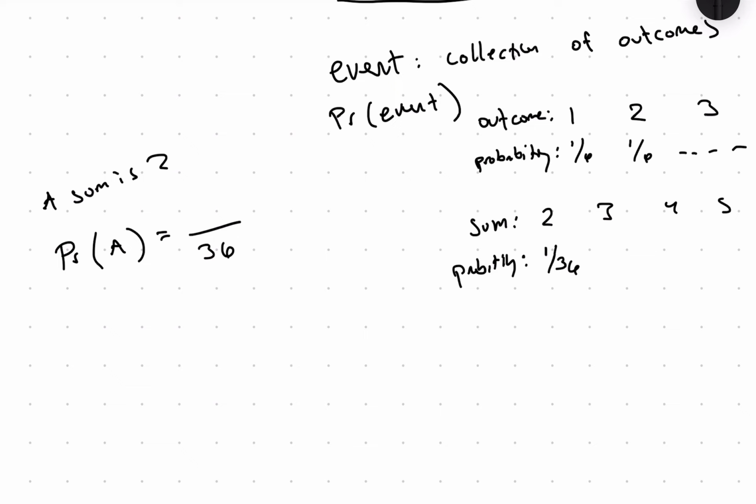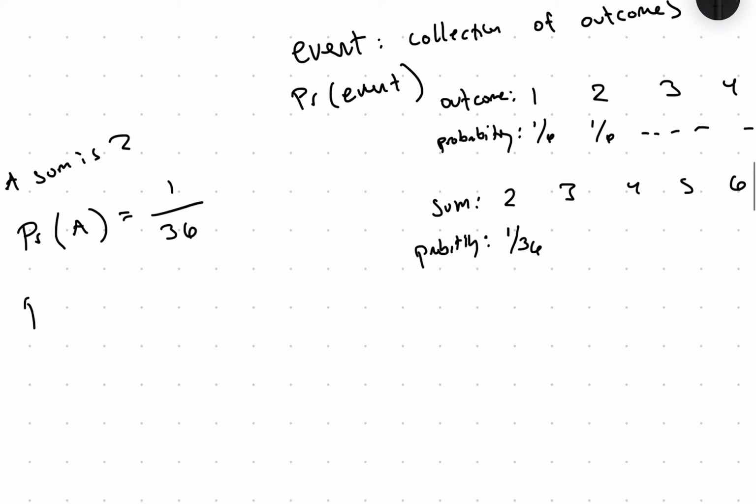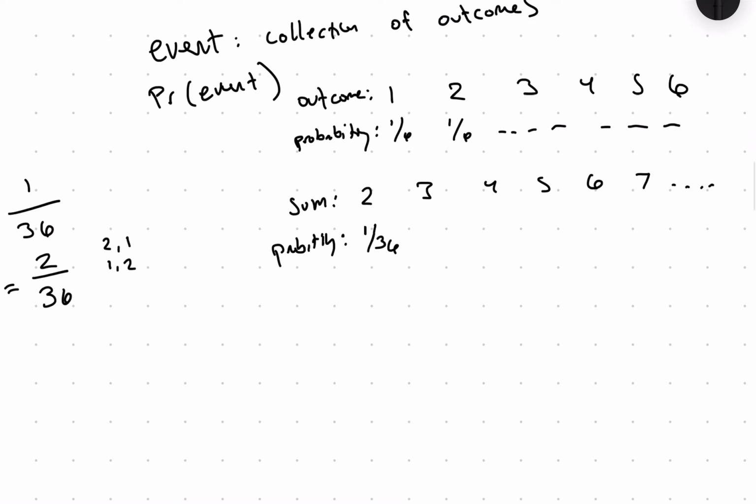It's only 1 and 1. So it's 1 out of 36. And you could calculate the same for 3. There's 2 out of 36, because you get a 2 and a 1, and a 1 and a 2.